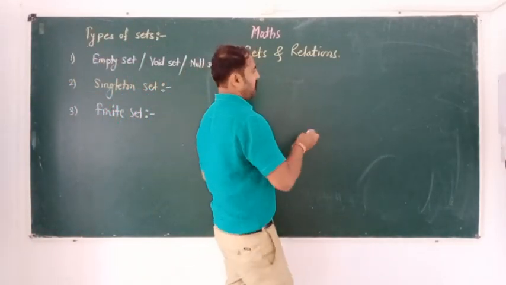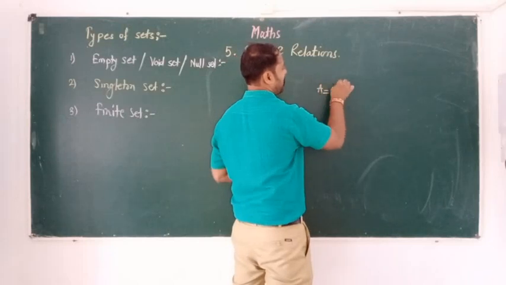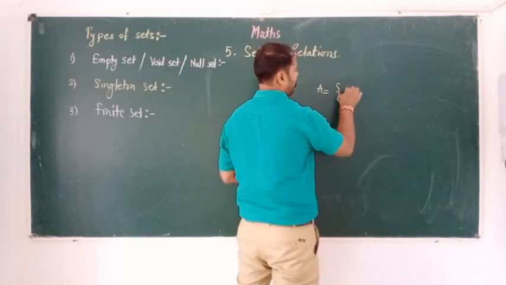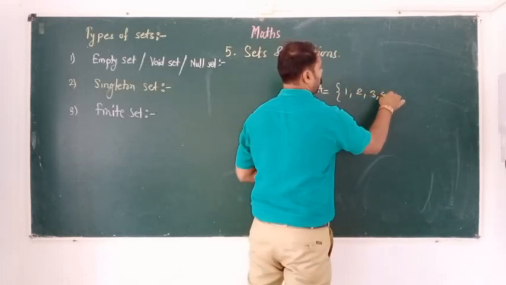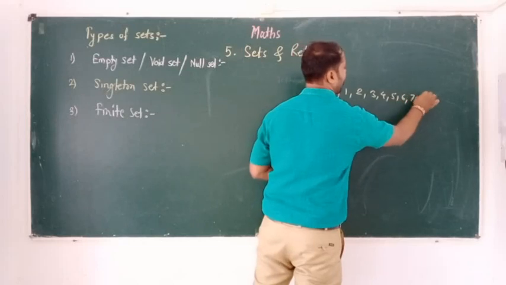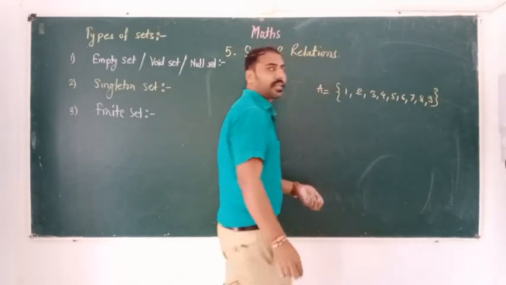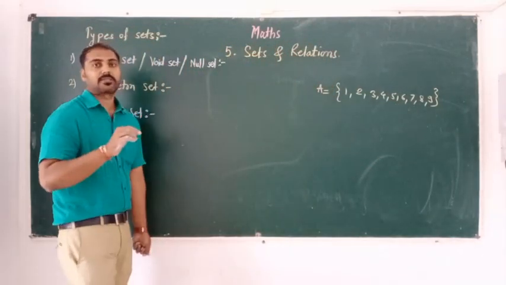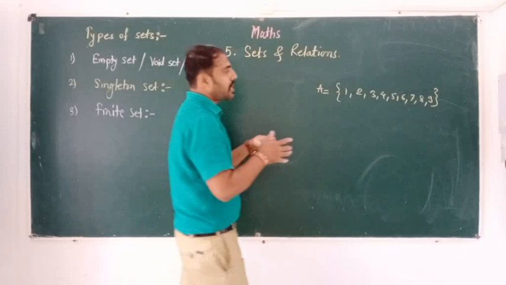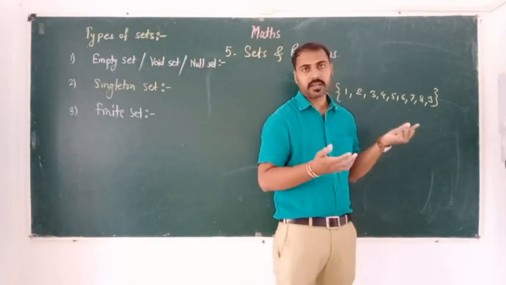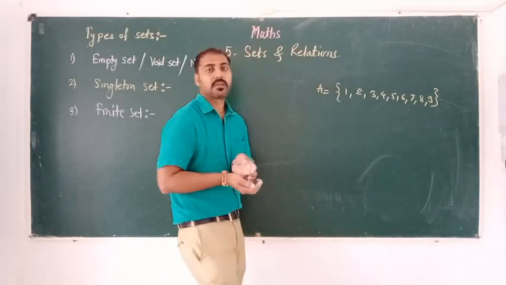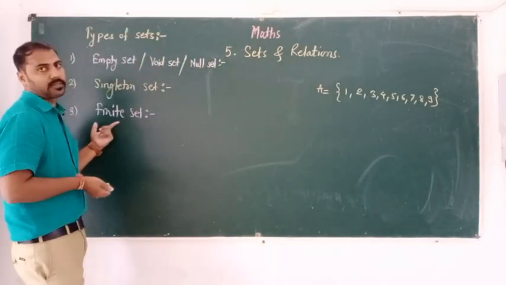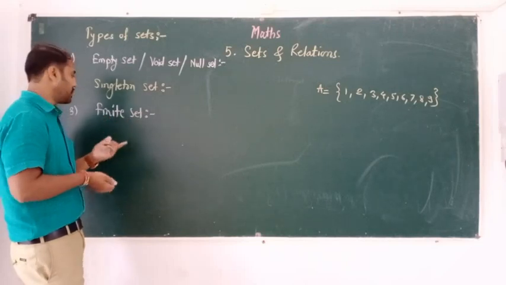For example, natural numbers less than 10: 1, 2, 3, 4, 5, 6, 7, 8, 9. Don't write 10. How many elements are there? There are 9 elements. So these numbers are countable, 1 to 9. So that set is a finite set.